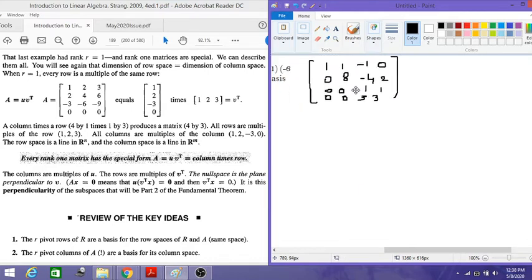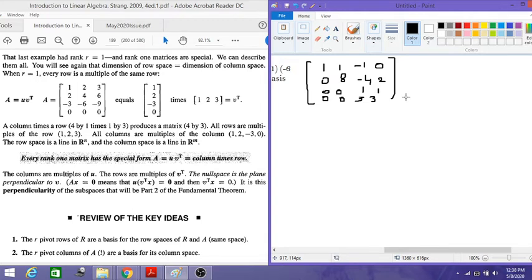Okay, so this is our matrix here. So let us go with the further reduction. R4 is replaced by R4 minus 3 times the new R3.